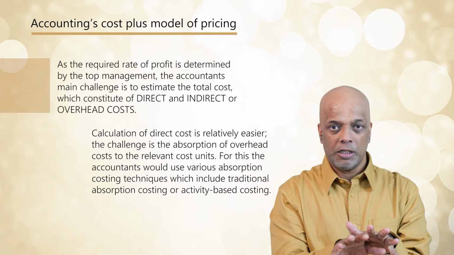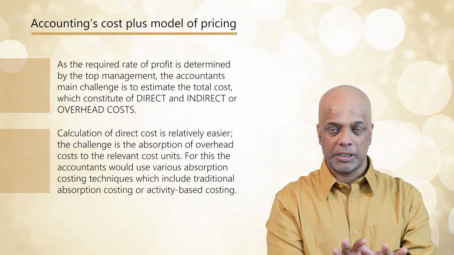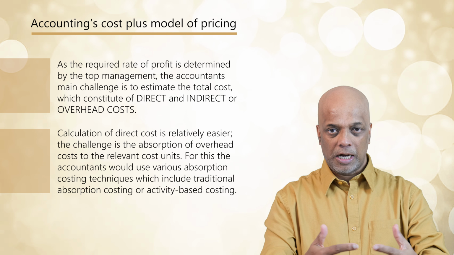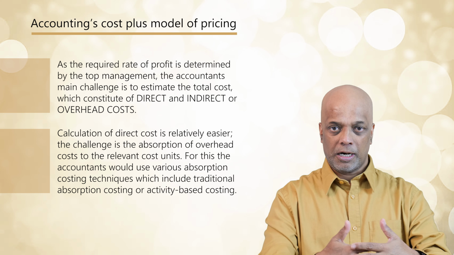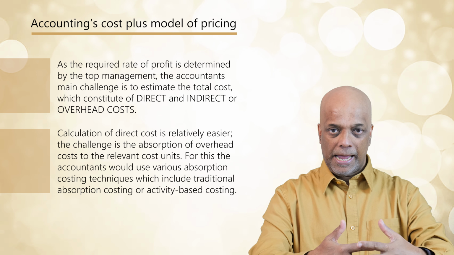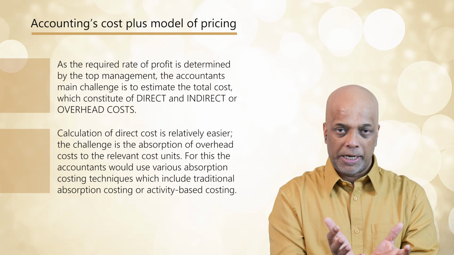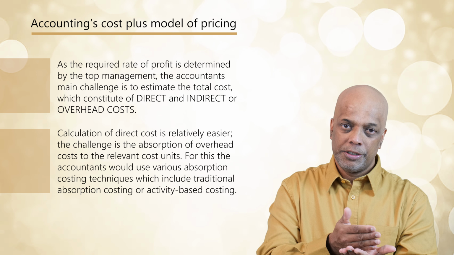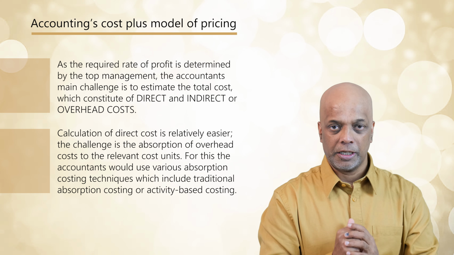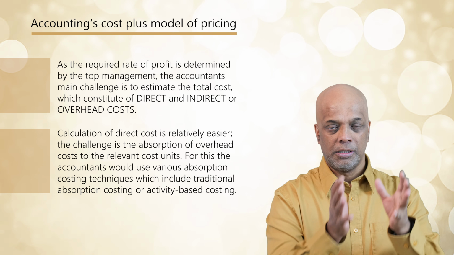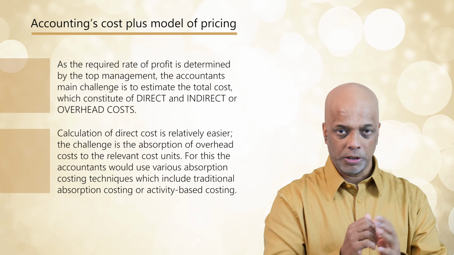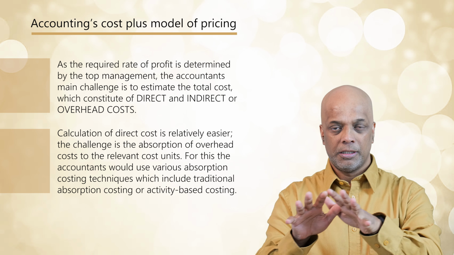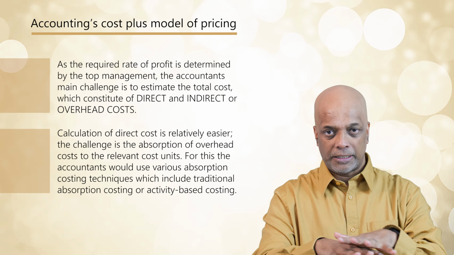The calculation of direct cost is not the biggest challenge. Most of the time, the accounting information system, the transaction processing system, and the other operations management systems provide the relevant information to calculate the direct cost, such as direct labor cost, direct material cost, and the direct overheads incurred at the factory floor.